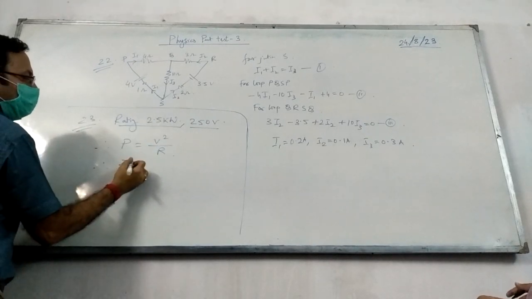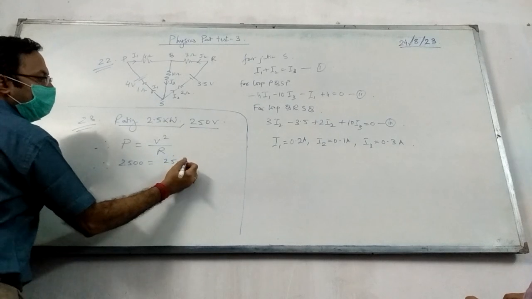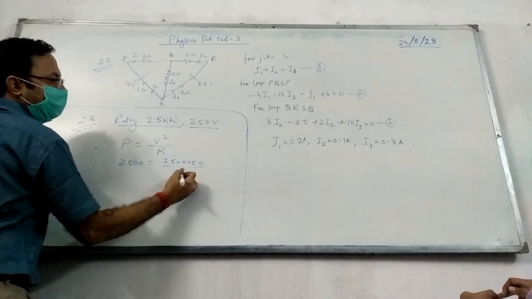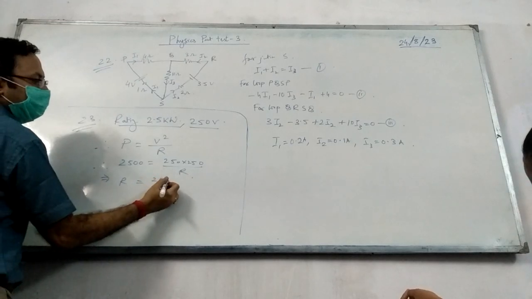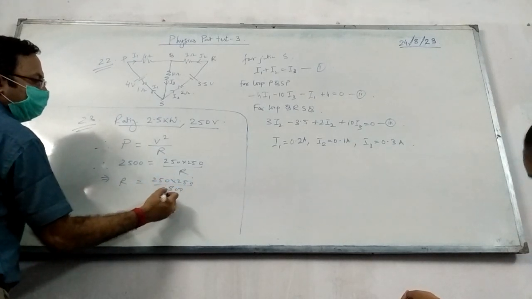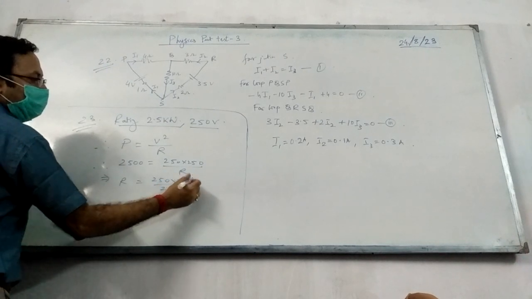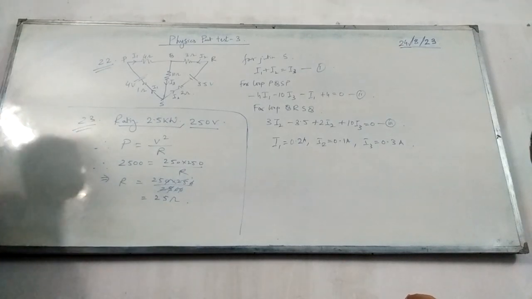P is how much? 2.5 kilowatt means 2500. Voltage is 250 into 250 by R. So R comes out to be 250 into 250 by 2500. 00 cuts 25. So 25 ohm.